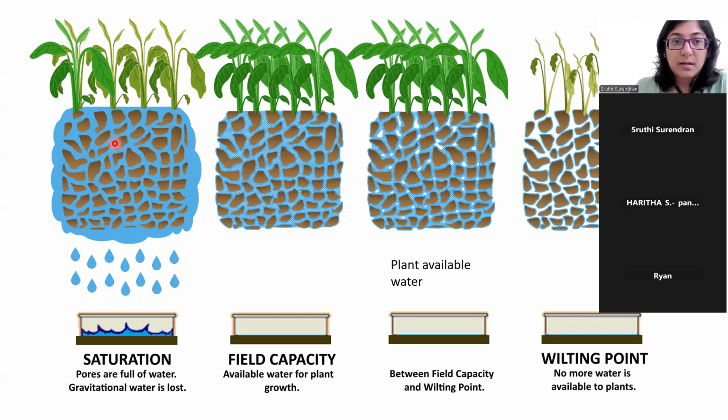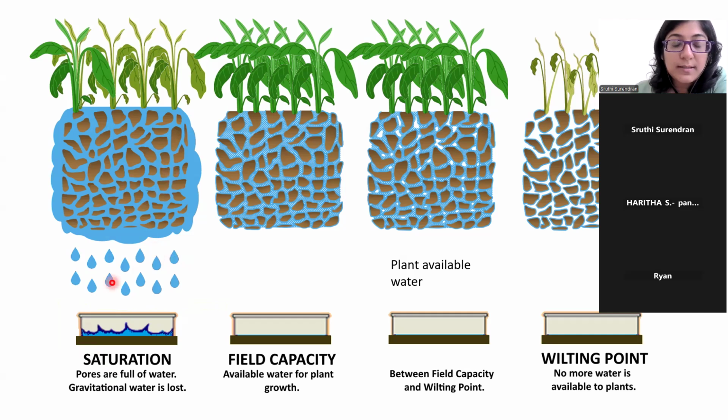So when the plant is irrigated or receives a lot of rain, the soil matrix will get saturated with water. But once it is saturated, it cannot hold so much water in itself. As a result of the force of gravity, some of the water is lost into the water table. It will drain down into the water table.